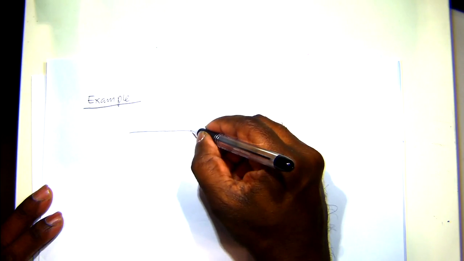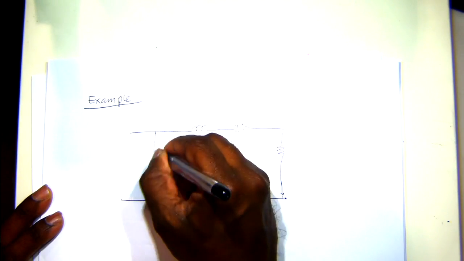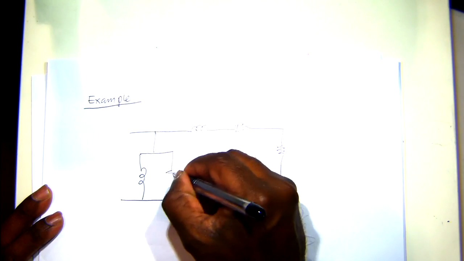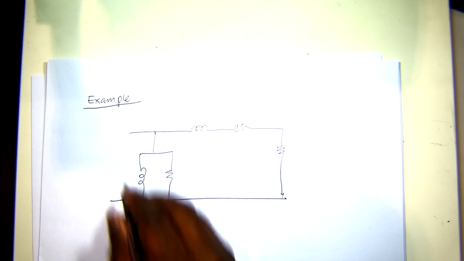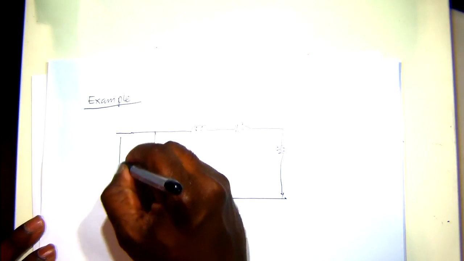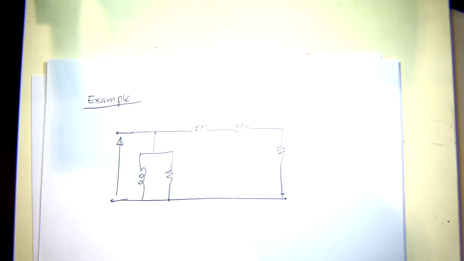So this is the equivalent circuit of the induction machine, and then this is fed from, so we assume that it's star connected, so that means the voltage across these two terminals, this is a per phase equivalent circuit.